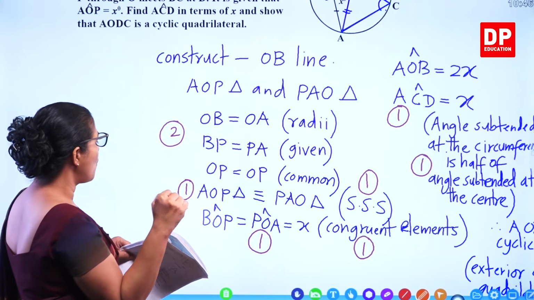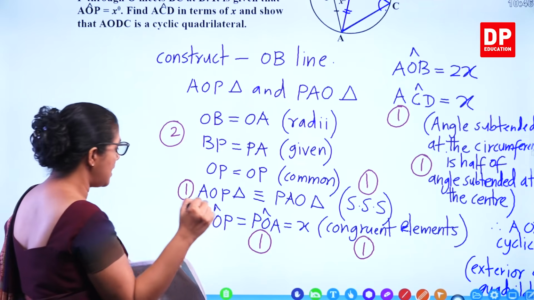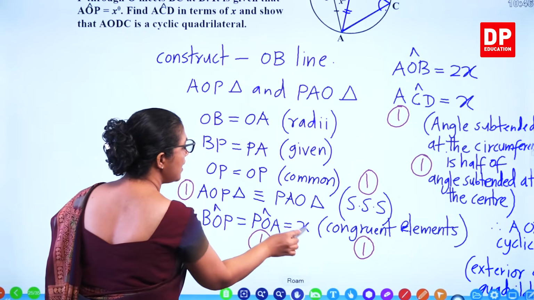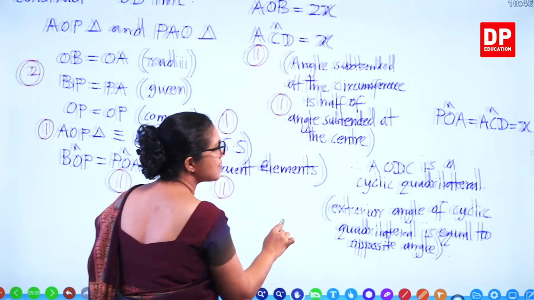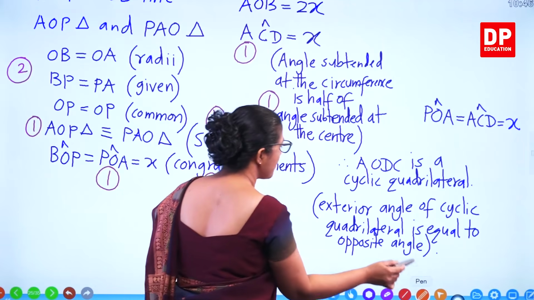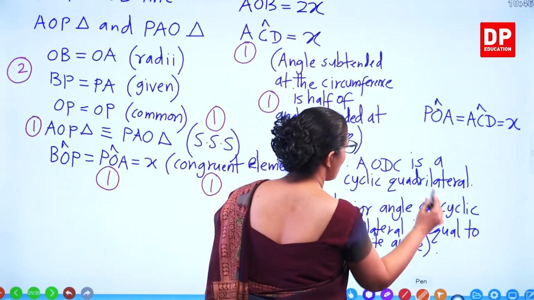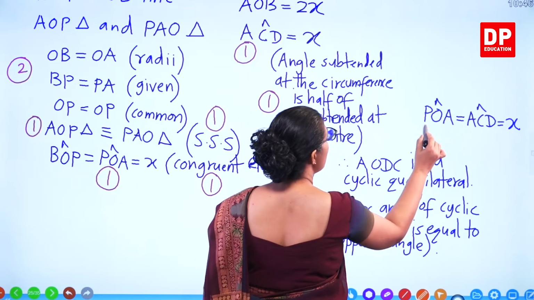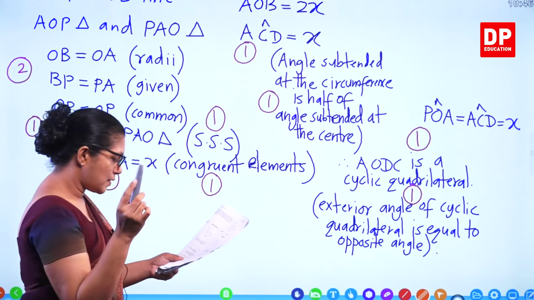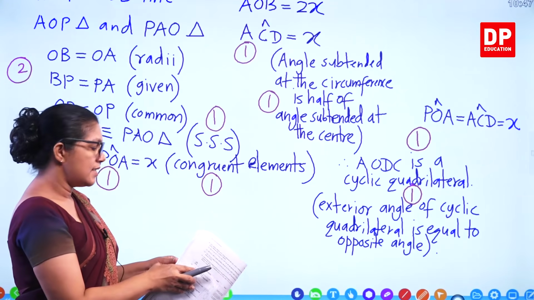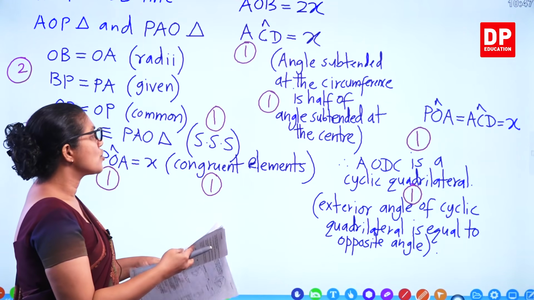That's 8 there. And finally 2 marks for showing that this is a cyclic quadrilateral, 1 mark for the reason and 1 mark here. So altogether 10 marks for this question.